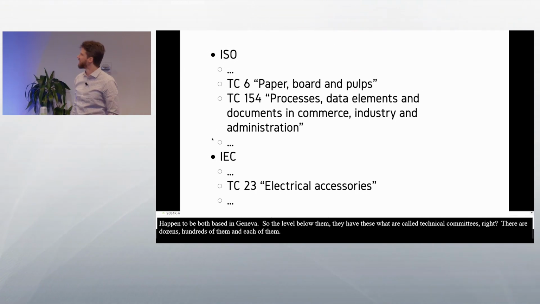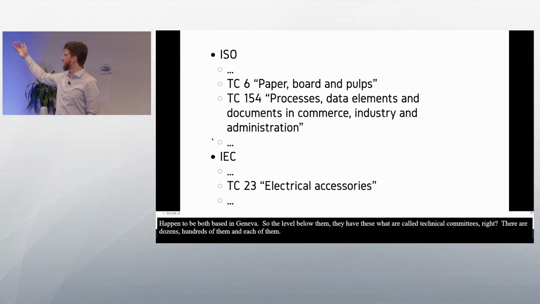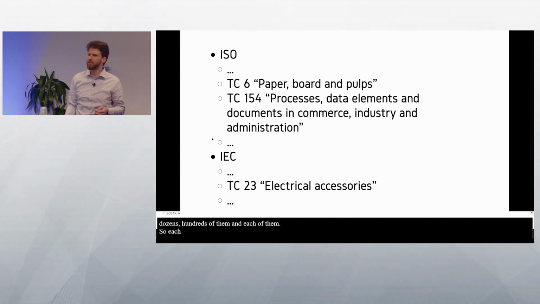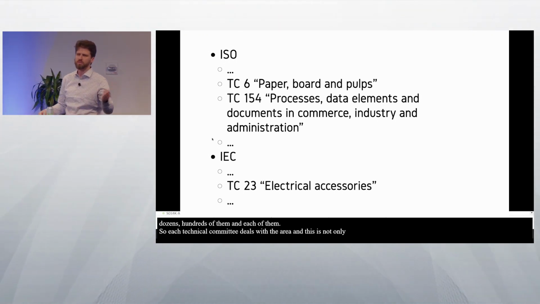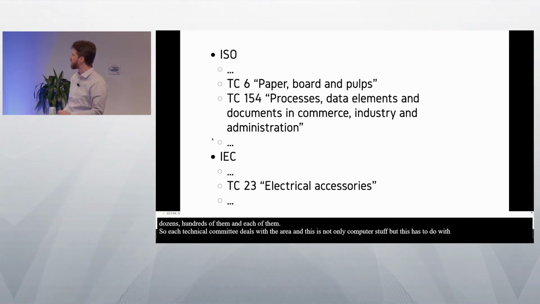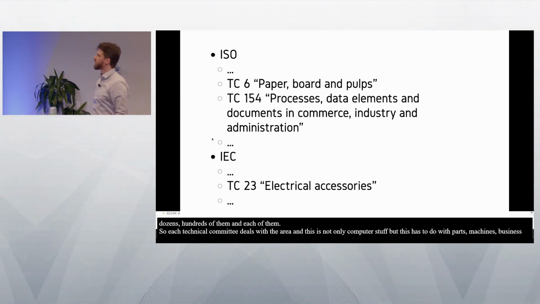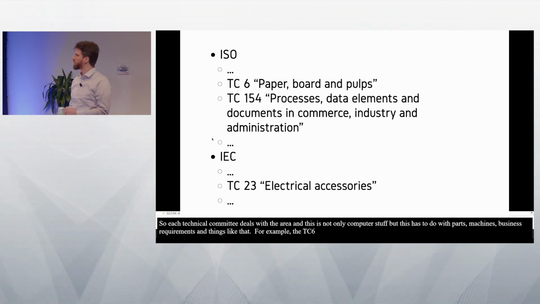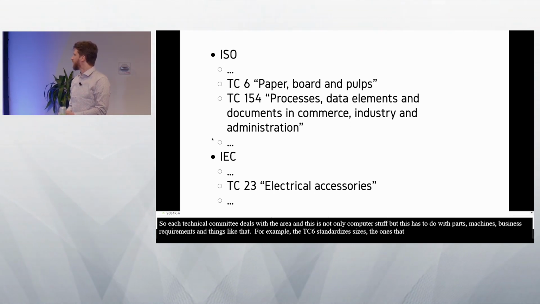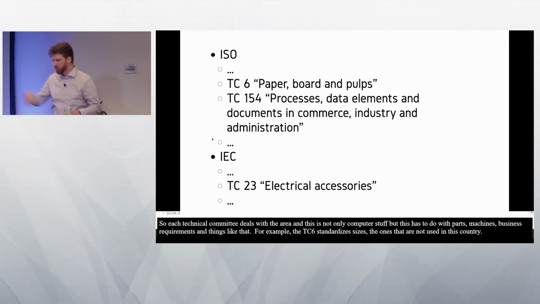Each of these technical committees has an area that they deal with, right? And this is not only computer stuff. This has to do with part sizes of machines and processes and business requirements and things like that. So, for example, that TC 6 actually standardizes paper sizes, the ones that are not used in this country, right? And so on. So there's lots of those.